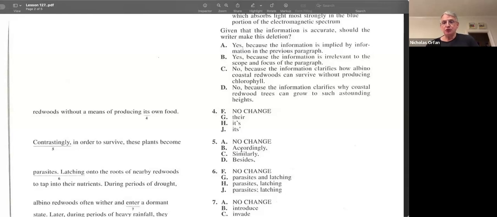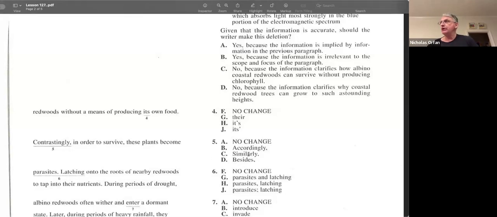So no change is wrong. Accordingly, that makes sense. They can't make their own food. So accordingly, in order to survive, they must become parasites. Okay, that makes sense. Similarly, makes no sense because you're not saying the same thing. Can't make their food, then you're continuing the thought by saying they have to be parasites.